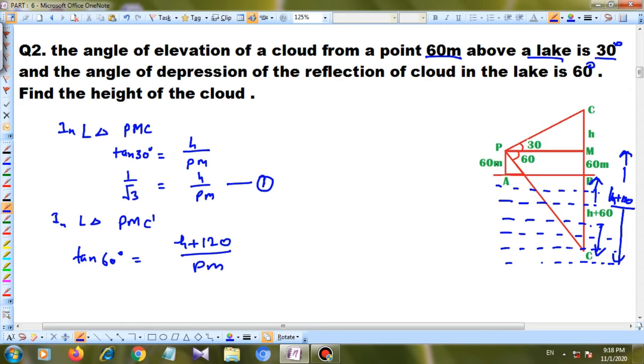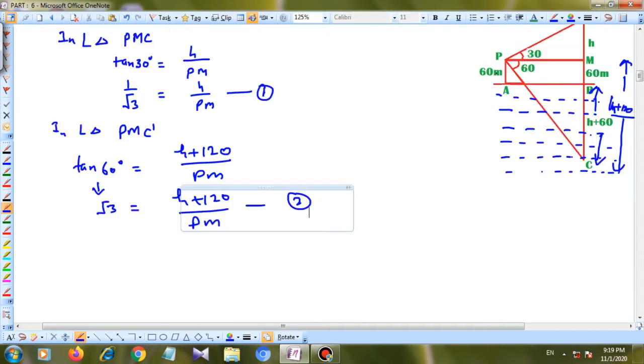The value of tan 60 is root 3. So this is our second equation.